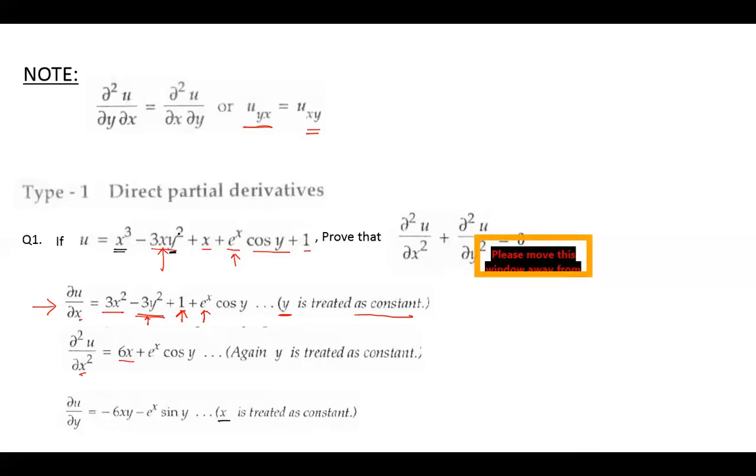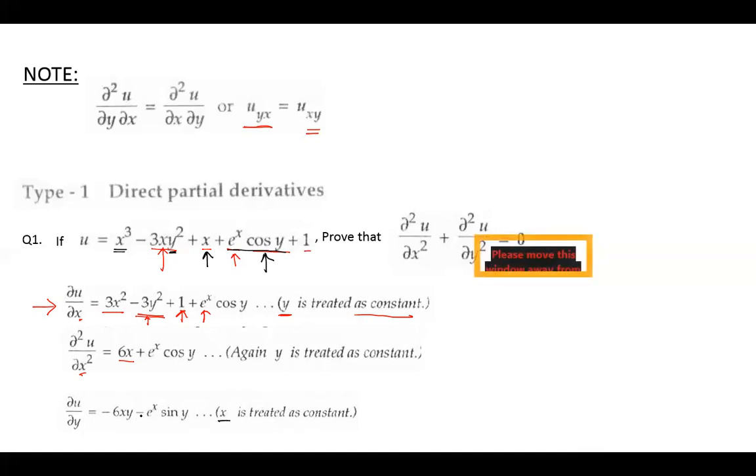Derivative of y² is 2y. 2y times 3x will give us 6xy, and the minus sign as it is. Here also we don't have any y in this term, so it will be 0. And in the last term, now we'll be differentiating cos y. Derivative of cos y is minus sin y. eˣ will remain as it is.